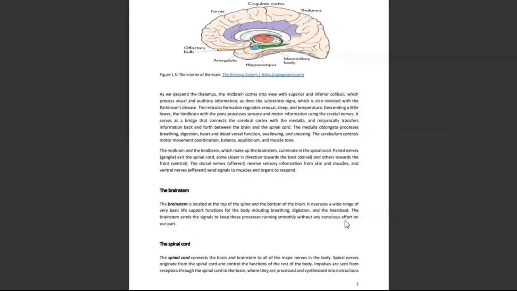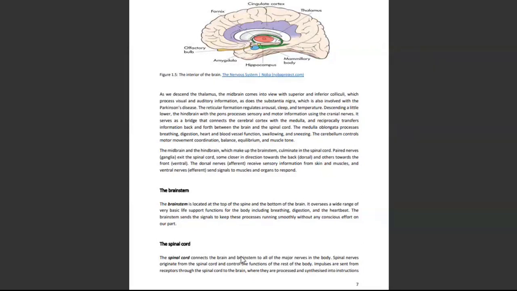It's the most important part of the brain. Then we have what? The spinal cord. The spinal cord connects the brain and the brainstem to all the major nerves in the body. Therefore, the spinal cord acts as a bridge to transport information. I touch you, the information goes via the spinal cord.